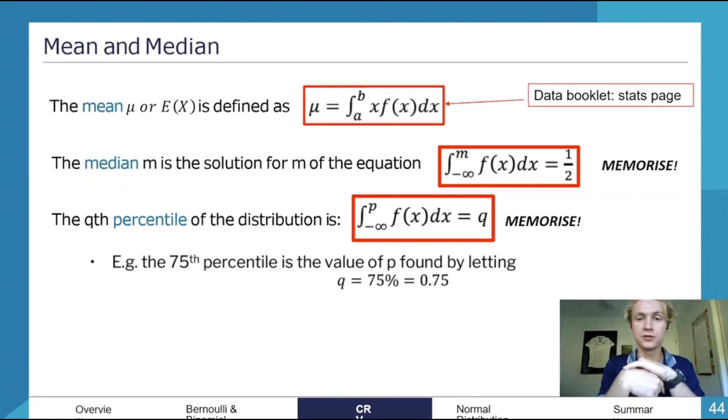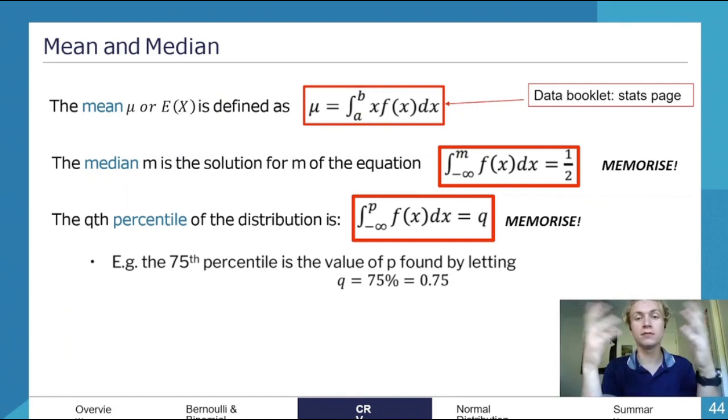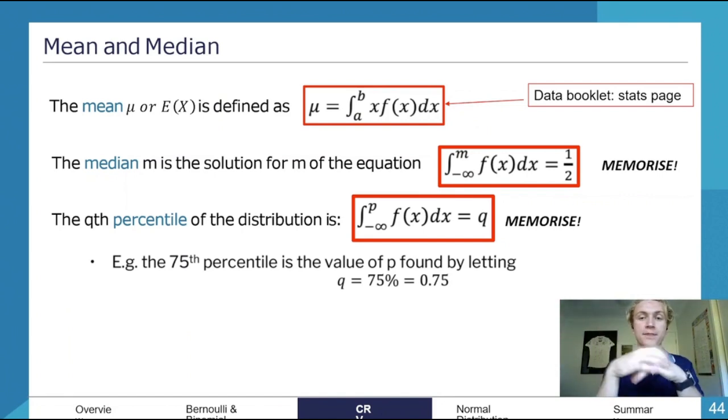Often you are asked to do this by integrating, because we're talking about continuous random variables using probability density functions. We can integrate between the lower bound, negative infinity, and m. M is what we define as the median. We let the other side of the equation equal half, because we know the probability that the x value is less than m is half.